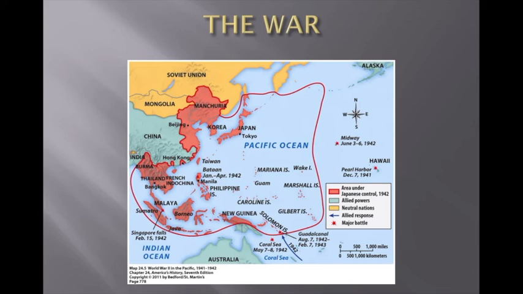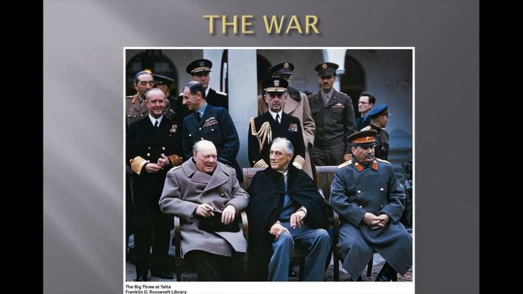Prior to the end of the war, when it appeared that the Allies were going to win the war, there was a meeting called the Yalta Conference in 1945. It was a meeting of the Big Three: the U.S., Stalin, and Churchill.